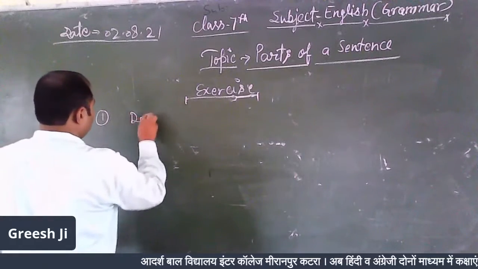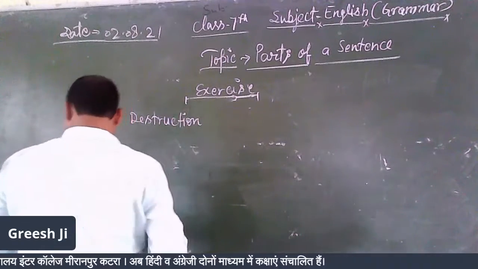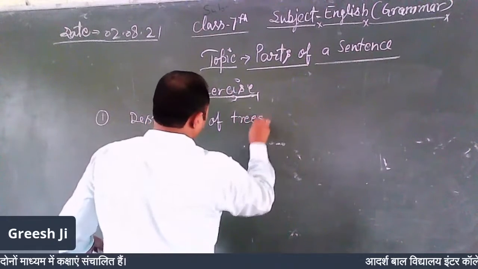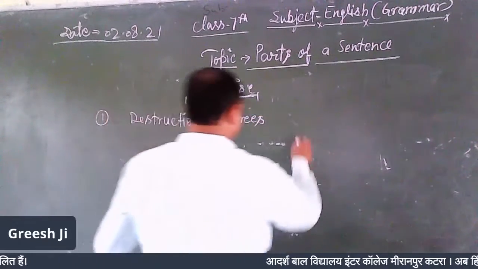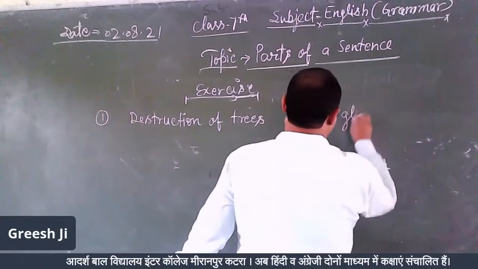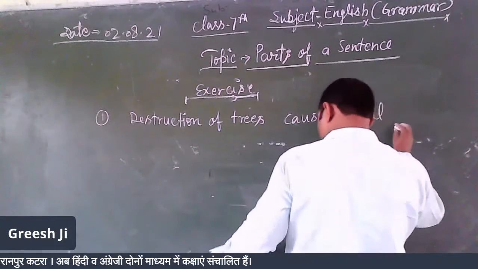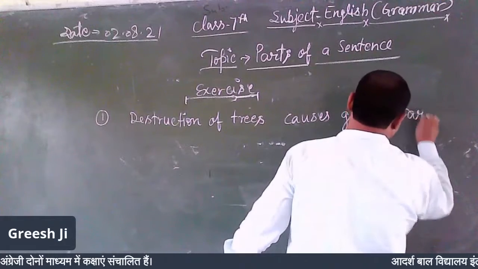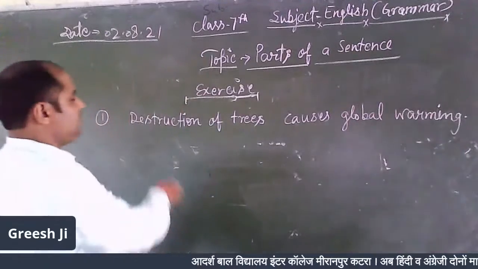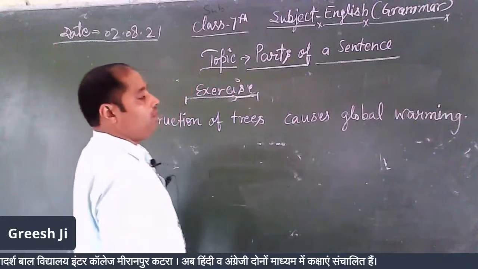Destruction of trees causes global warming. The first sentence is: destruction of trees causes global warming.